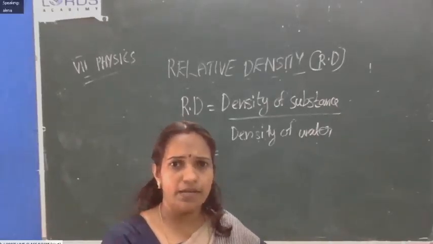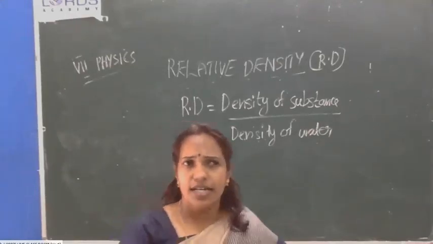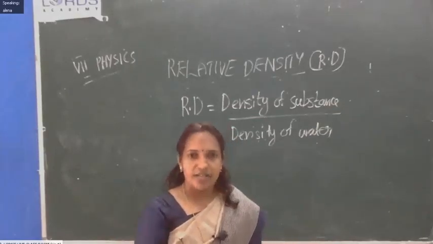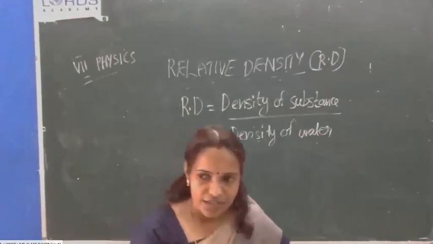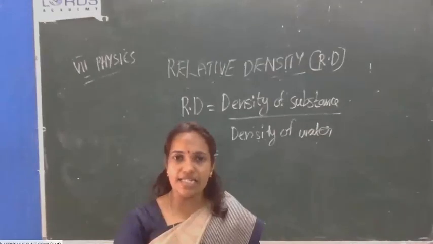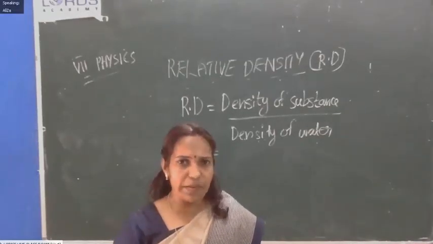Do you remember? Density is equal to mass by volume we studied. Density is defined as, okay, density is the mass of unit volume of object. All of you remember that?